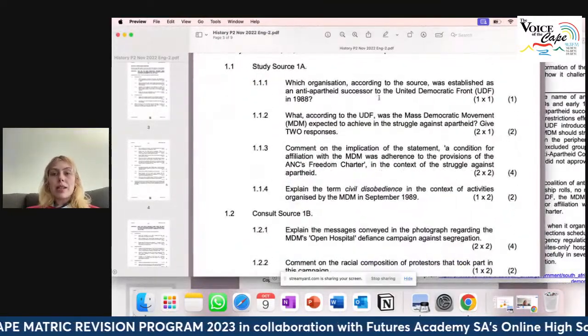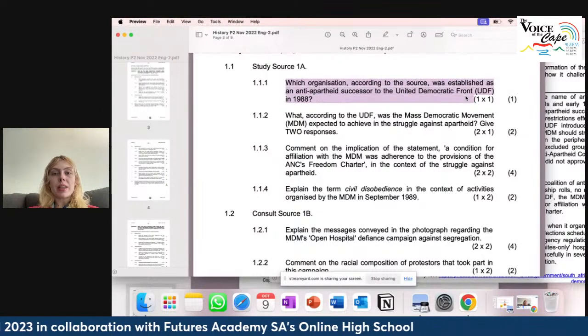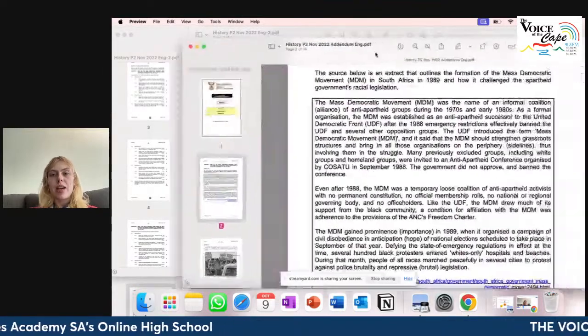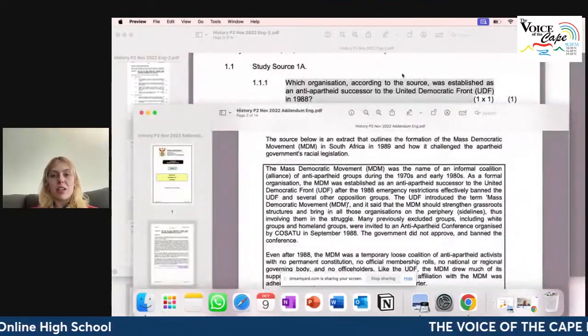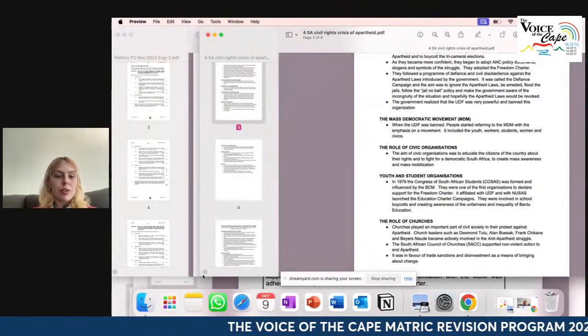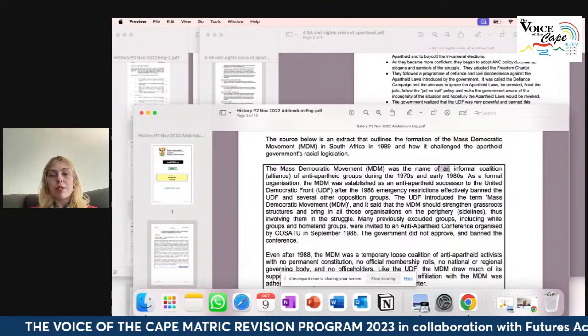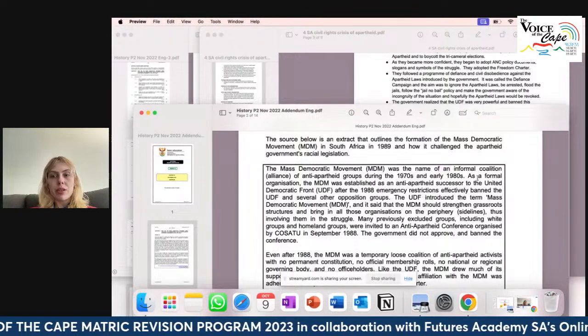So, which organization, according to the source, was established as an anti-apartheid successor to the UDF in 1988? Then look for these keywords: anti-apartheid successor to UDF. So here, the Mass Democratic Movement was the name of an informal coalition of anti-apartheid groups.